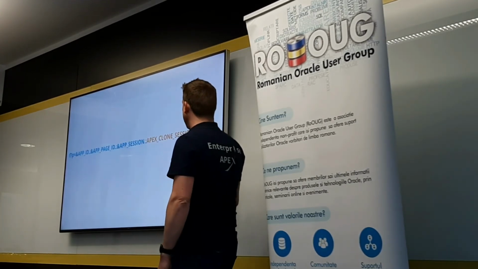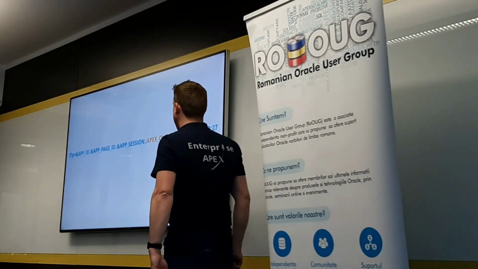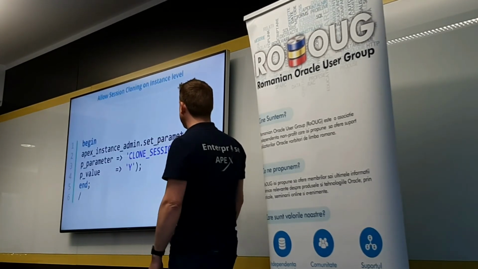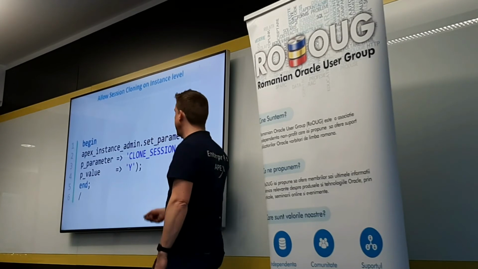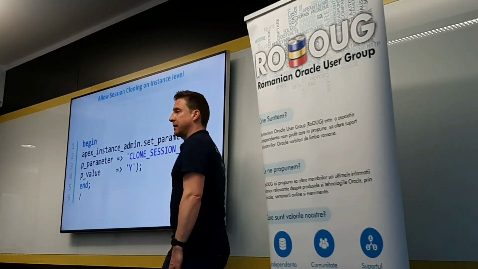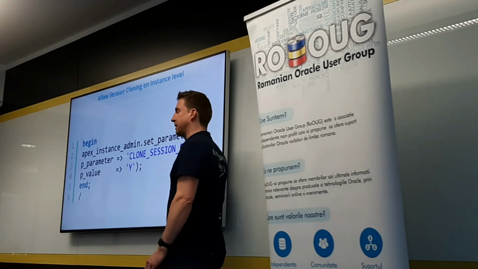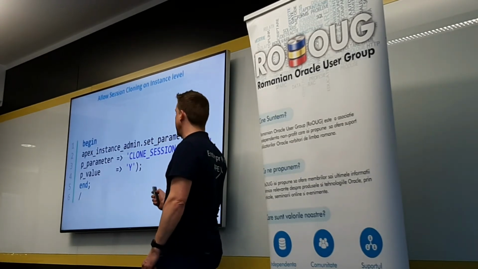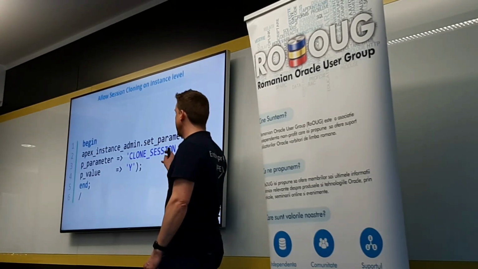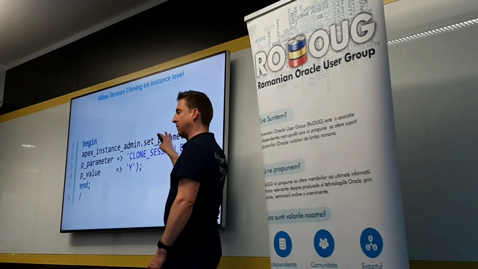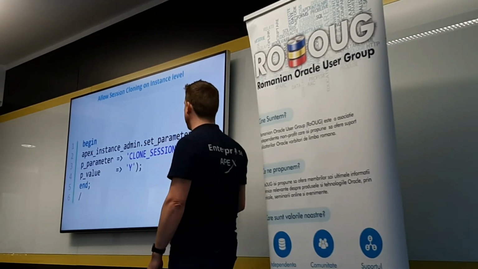It kind of looks like that. This works only if this instance parameter is enabled, which by default is not. And there is no UI setting. You have to do it with this script.